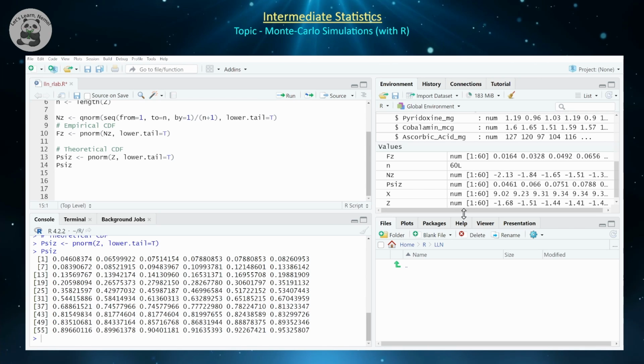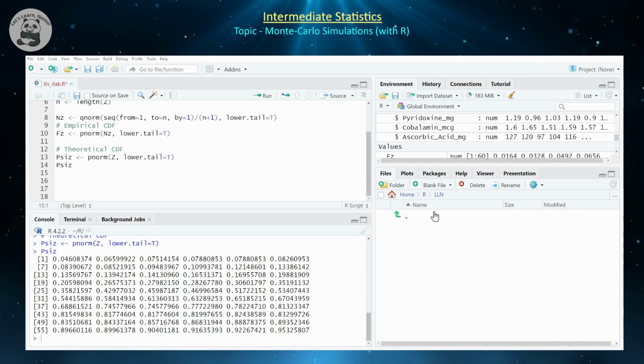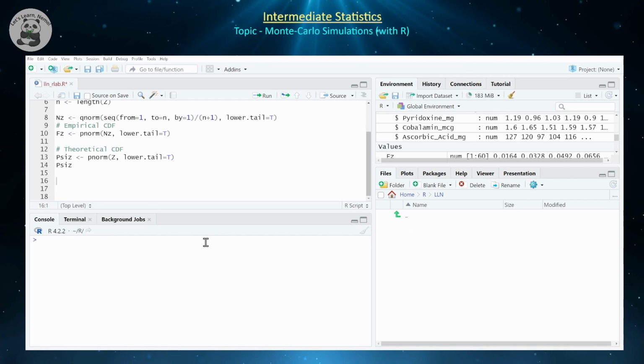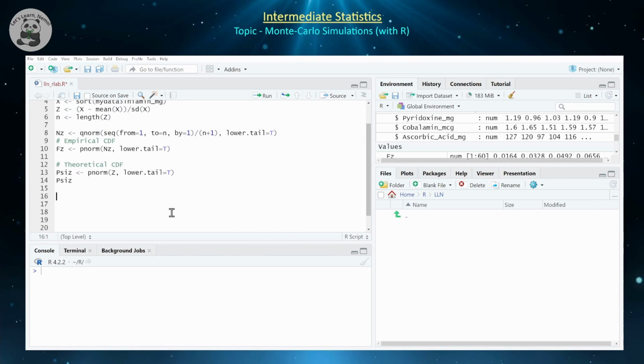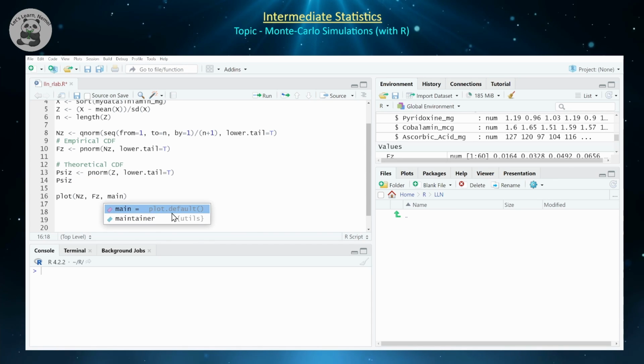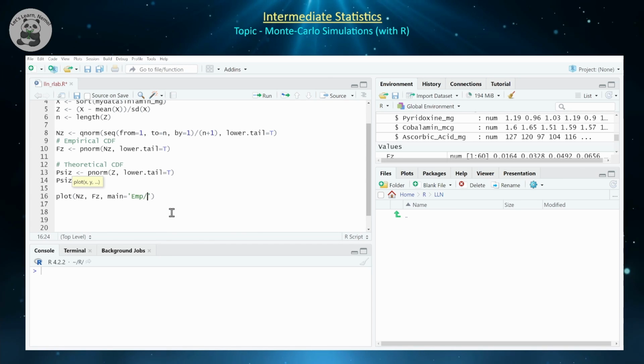So let's generate a plot for these two cumulative densities, and let's make this nice, like we did when we discussed distribution testing in R, in case you saw that. Let's do a quick plot of nz, Fz, with a nice title: the empirical and theoretical standard normal cumulative density functions for our data sets.